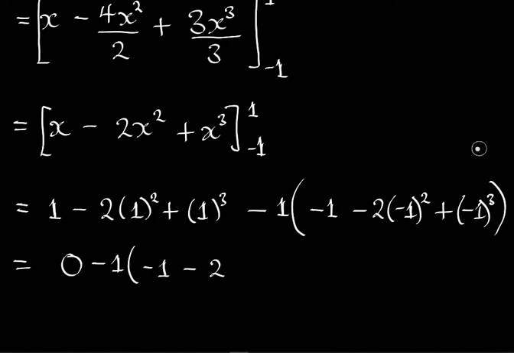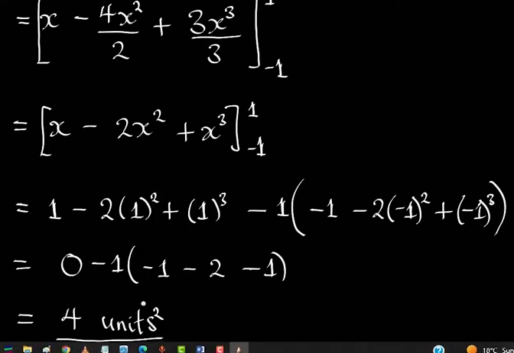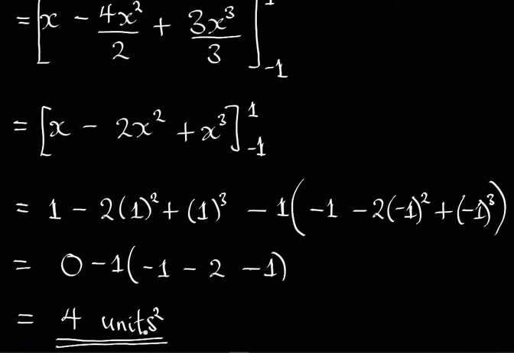Therefore, our solution here is going to be the sum of these, which is positive 4. You can add this or not add it, but I'm just more comfortable with adding it there because we know that a definite integral always gives us an area.